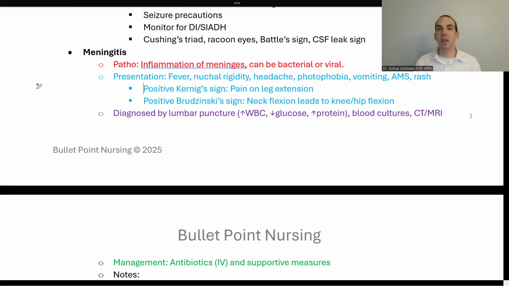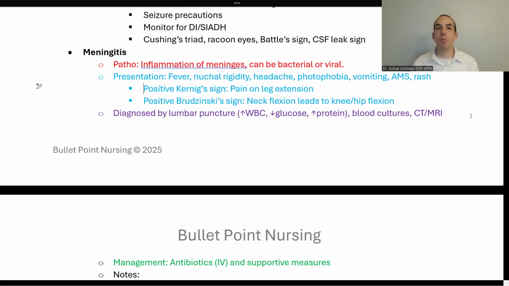Also headache, photophobia, meaning that they don't want the lights on, vomiting, altered mental status, or certain types of rash. Positive Kernig sign is where they have pain on leg extension, or Brudzinski sign is where I lean their neck forward, and that leads them to pull their knee in as a reflex. Those are both signs that the patient has meningitis. By far, the most tested is that nuchal rigidity. If you see that in a test question, it's always pushing you towards meningitis.